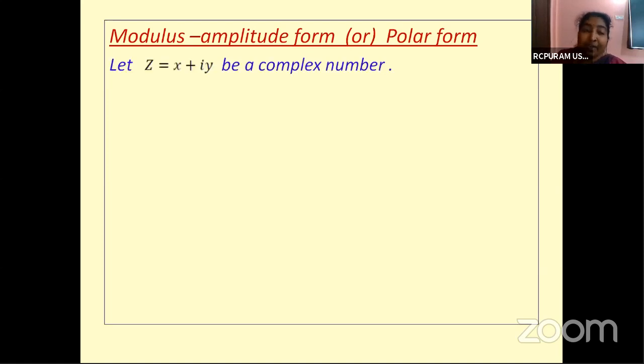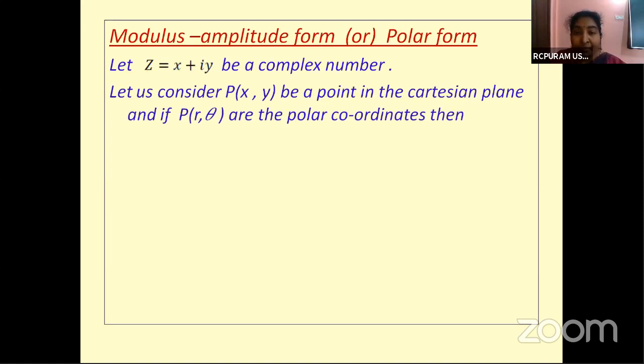Let z is equal to x plus iy be a complex number. Then let us consider P as a point which is representing this complex number in a Cartesian plane. And if P is r comma theta, these are nothing but the polar coordinates of this complex number.